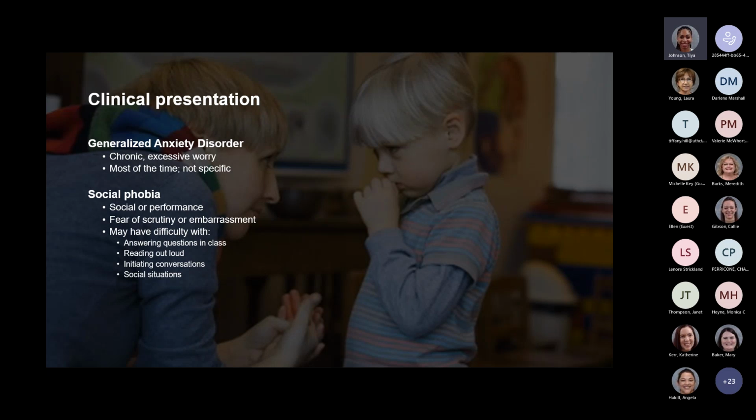Generalized anxiety disorder is chronic excessive worry in different areas, and the person or patient has trouble controlling that worry. The worry is present most of the time, and the worry is not limited to a specific object or situation. So, generalized anxiety disorder is what I refer to as my patients that are what I call worry warts. They worry about any and everything all the time, no matter what.